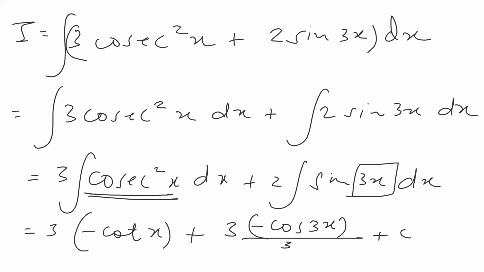Moreover, this will get cancelled, and then you can simplify this further by considering the minus sign. I hope you all know how this 3 came. This 3 came because of d by dx of 3x. Chain rule. And 3x is a linear algebraic term.